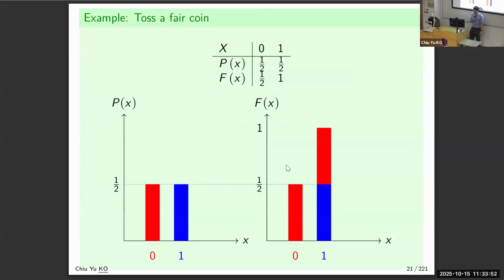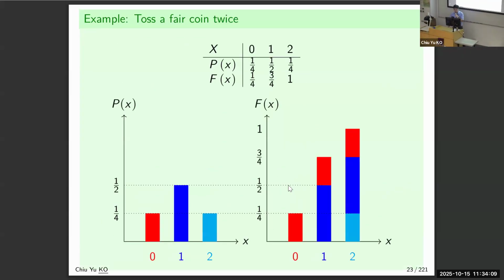P is: you give me a number, I give you the probability of that number. F is: you give me a number, I give you everything on the left-hand side. So that's big P and big F.